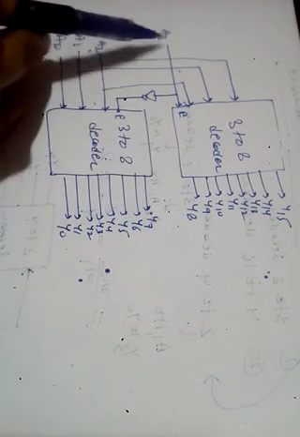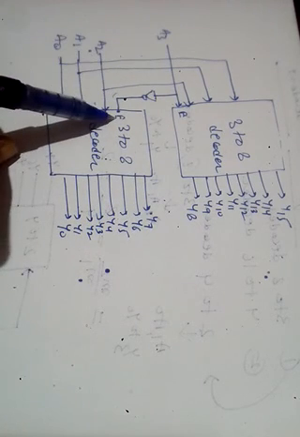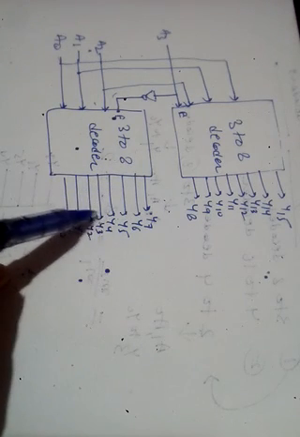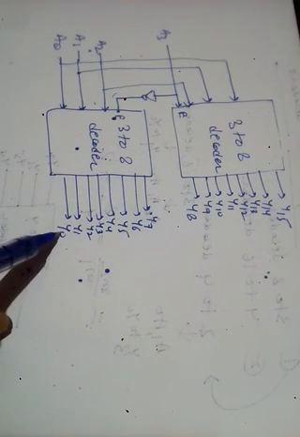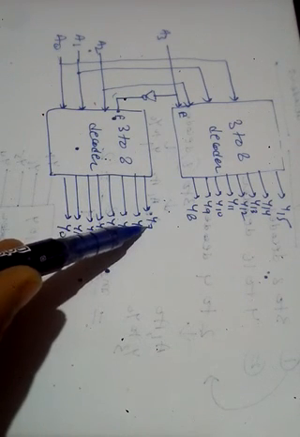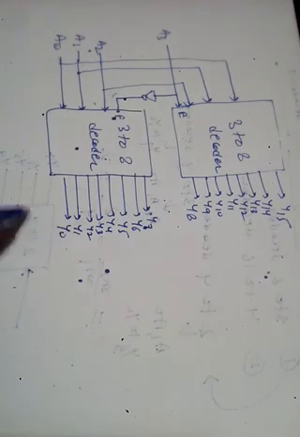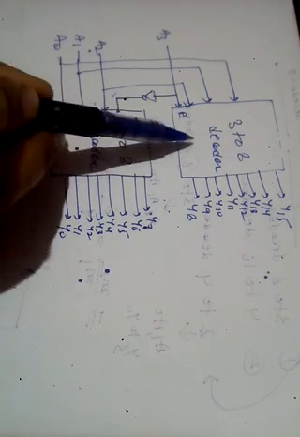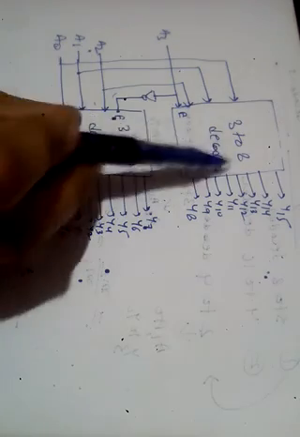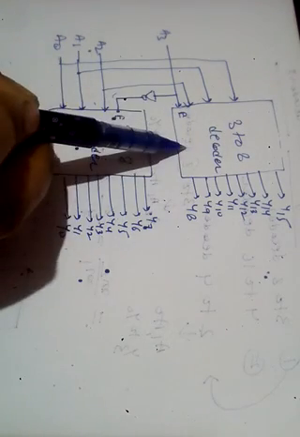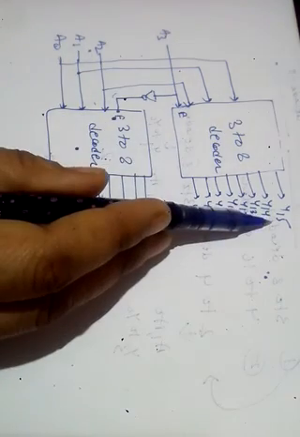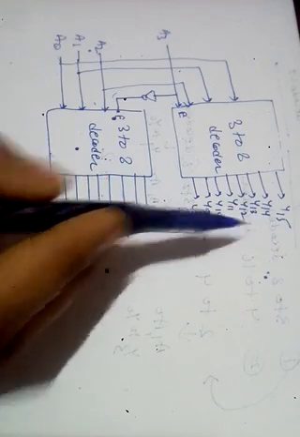The complement of input A3 is connected to enable E of the lower 3 to 8 decoder, and we will get the output from Y0 to Y7, and these are the lower 8 minterms. The input A3 is directly connected to the enable of the higher order decoder, and we will get output from Y8 to Y15, and these are the higher minterms.